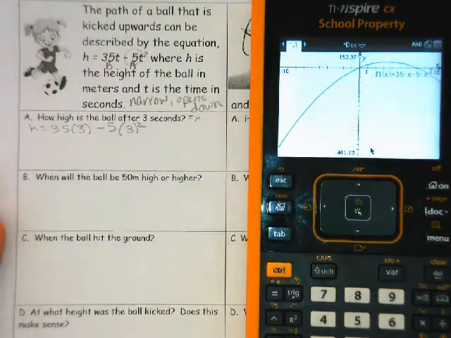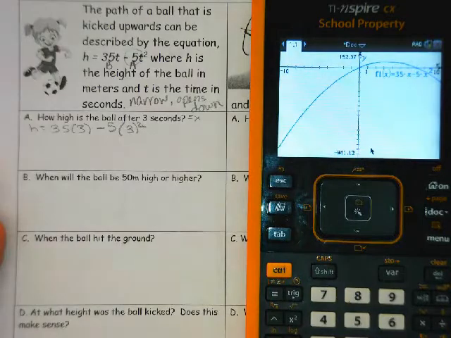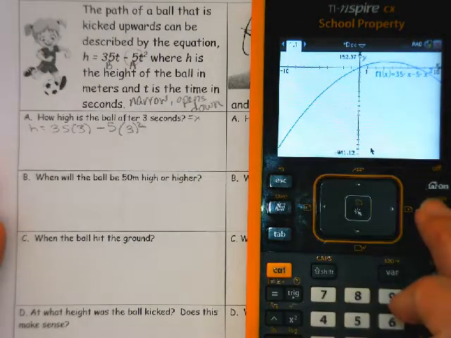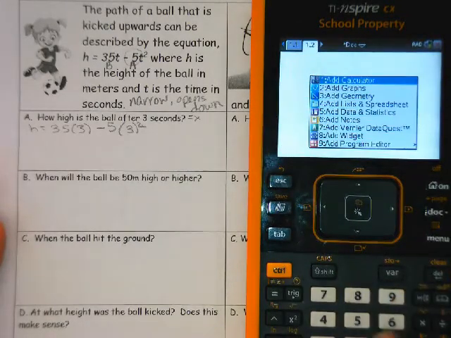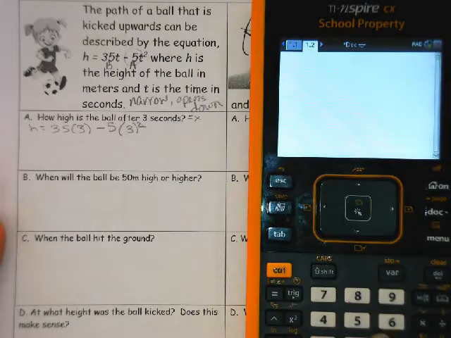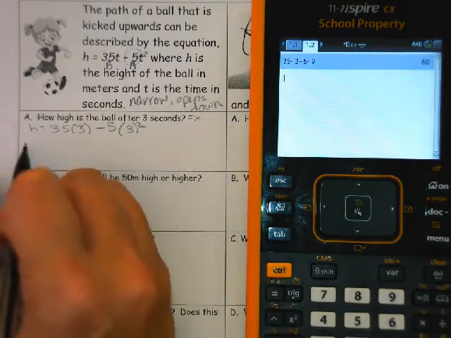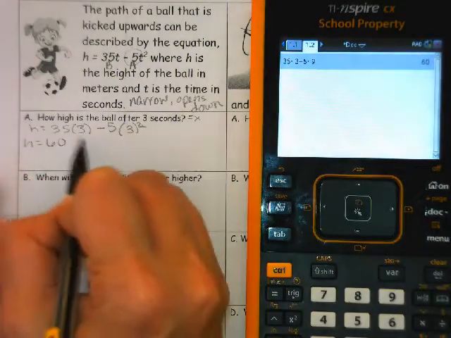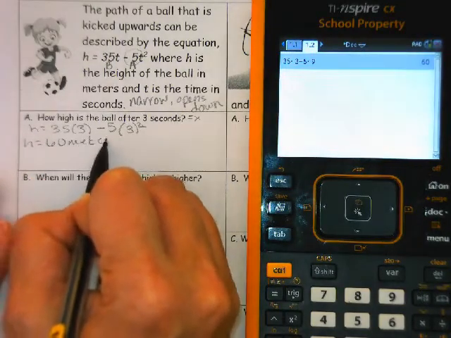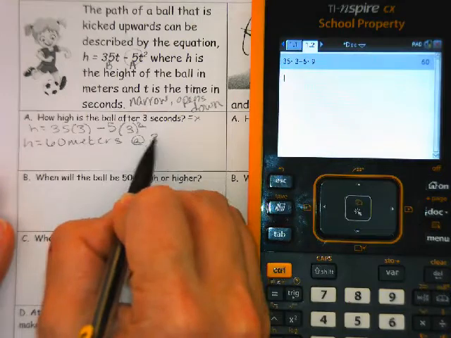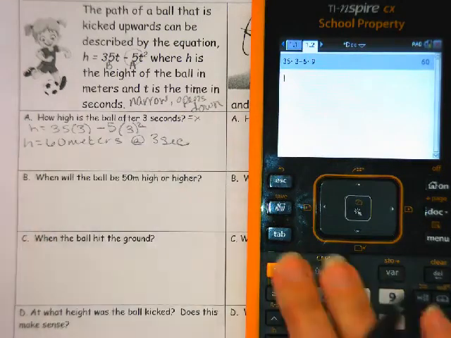Could we put that into our calculator? We could. All right, I'm going to add a doc. If you remember Control Doc, we can go calculator. We can put that in, 35 times 3 minus 5 times, I'm just going to do 9 because 3 squared is 9, and I get 60. So we would say the height is 60 meters at 3 seconds.